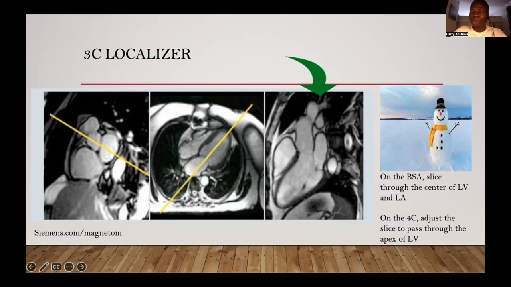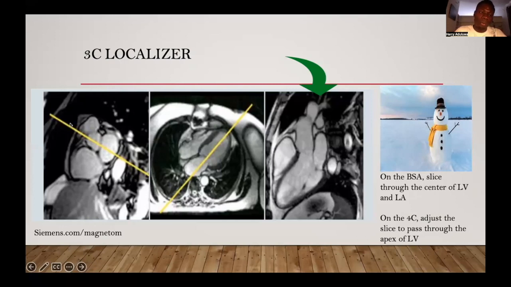You see, he has 2 balls, one up, one down. When you invert it in the lateral sequence, you are looking for the snowman sign. You imagine the upper ball here is this, and the lower ball here is this. So you are looking for this sign, which is the left atrium, left ventricle.